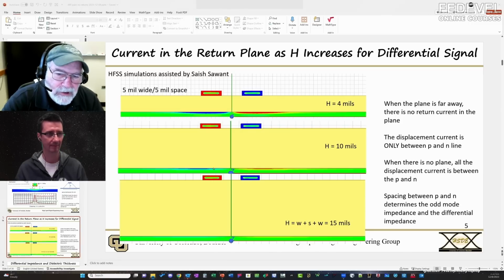But if I can pull that return plane farther and farther away, far enough so the return currents are actually overlapping, then, oh my gosh, look, there's no return currents in that plane. They overlap. I can take that plane and throw it away and it won't have any influence. And as I've pulled that plane away, I've increased the single-ended impedance and increased the differential impedance of that pair.